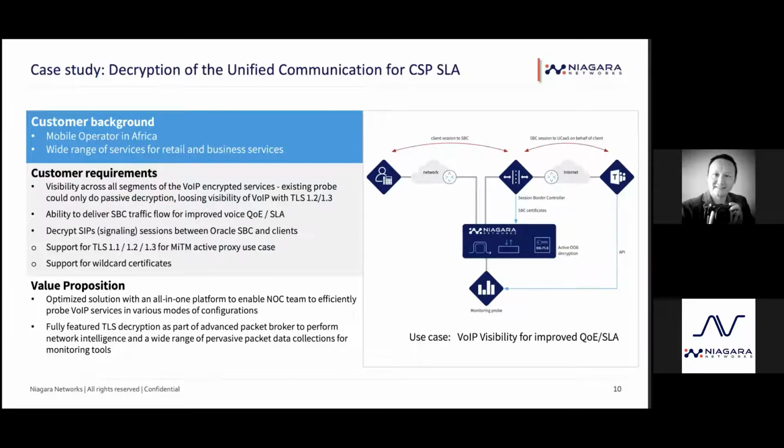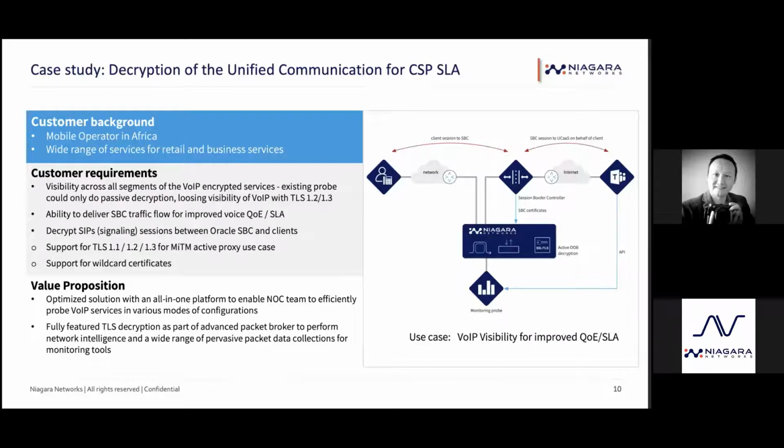Then it re-encrypted the traffic and sent that session to the session border controller, being completely transparent for the client, so the client still thinks it's connecting directly to the session border controller.